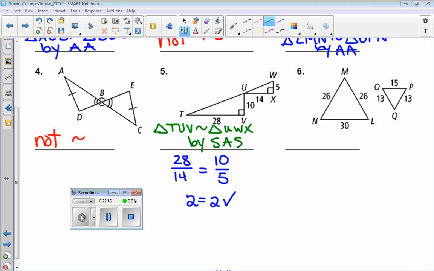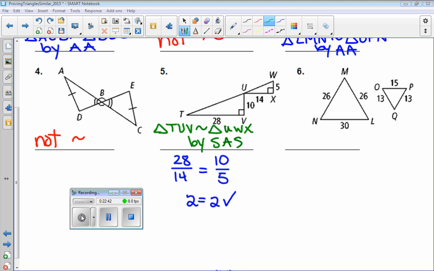Without this work, folks, I would mark it wrong, just so you know. If you are going to be using side, angle, side, or side, side, side, you must show me the proportions and that the ratios are the same. Okay? So that's required work. You can't just say that you know it. I put it in my calculator. Well, good for you. But you know what I'm saying? You have to be able to actually show me.